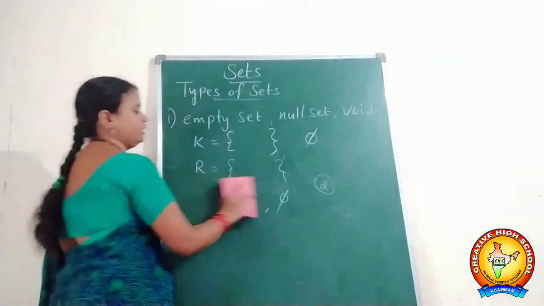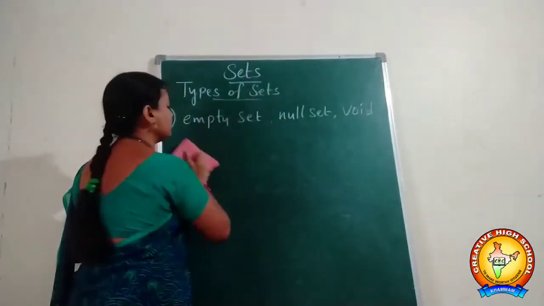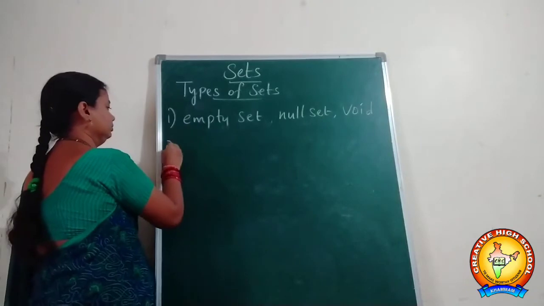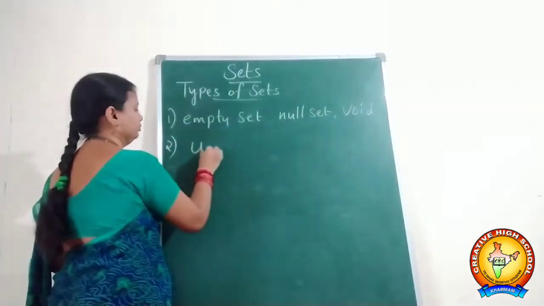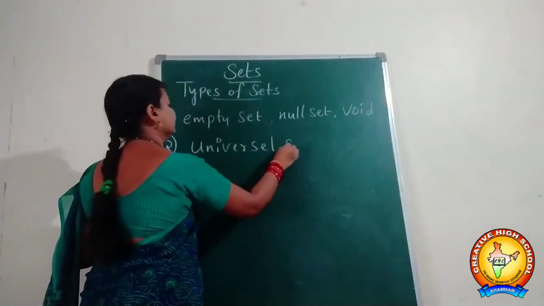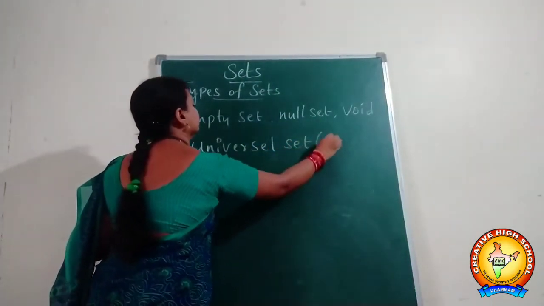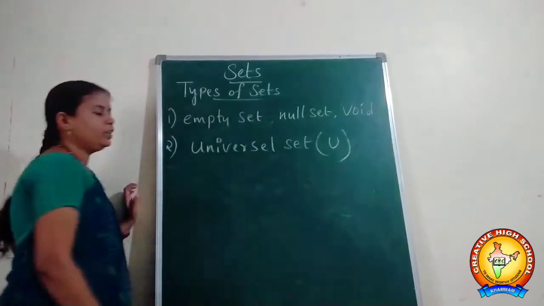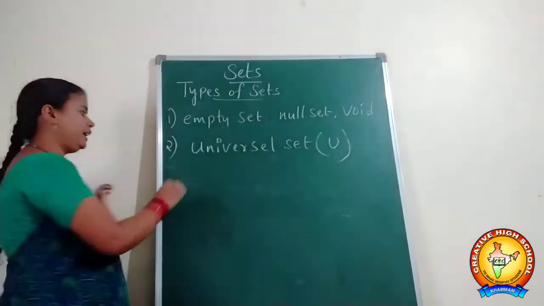Empty set. After that, universal set and subsets. Okay. Universal set and subsets.